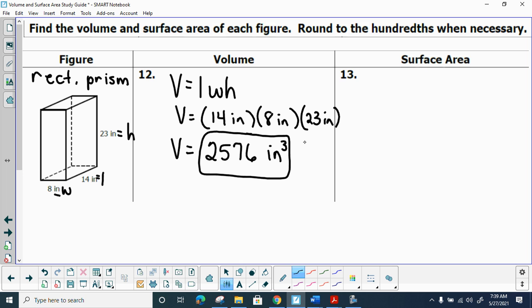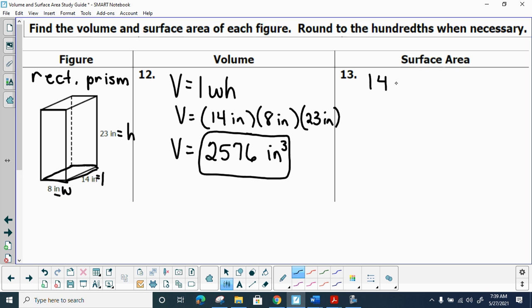Okay, so we have 6 rectangles. Two of them, the very bottom and the very top, would be 14 by 8.